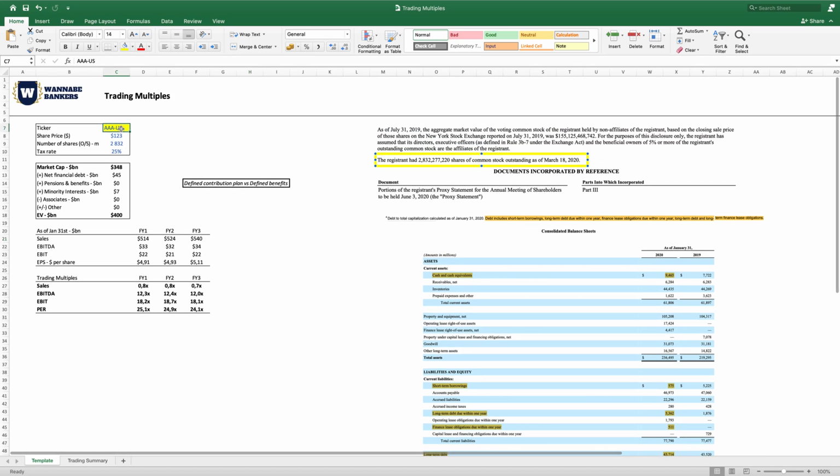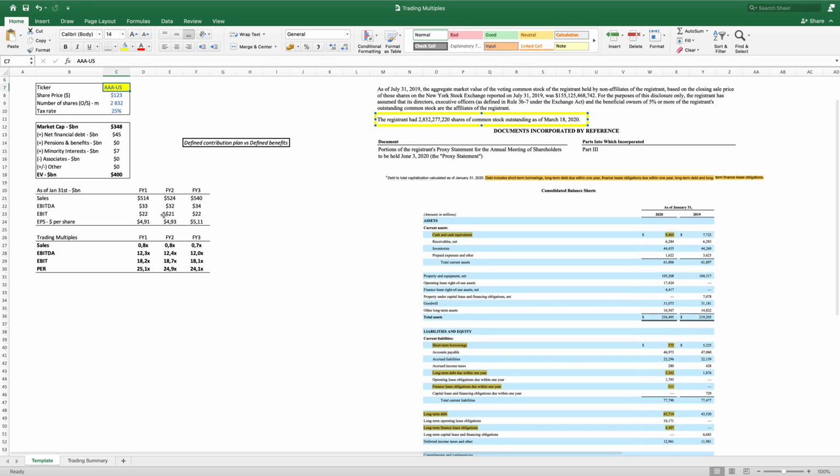This is linked to the ticker, the identifier. And then once you have the EV and the market cap, you would be able to calculate the multiples. For instance, the sales multiple is the EV divided by sales. So this company trades at 0.8 times its sales. It also trades at 12.3 times its EBITDA, and it trades at 25 times its EPS.